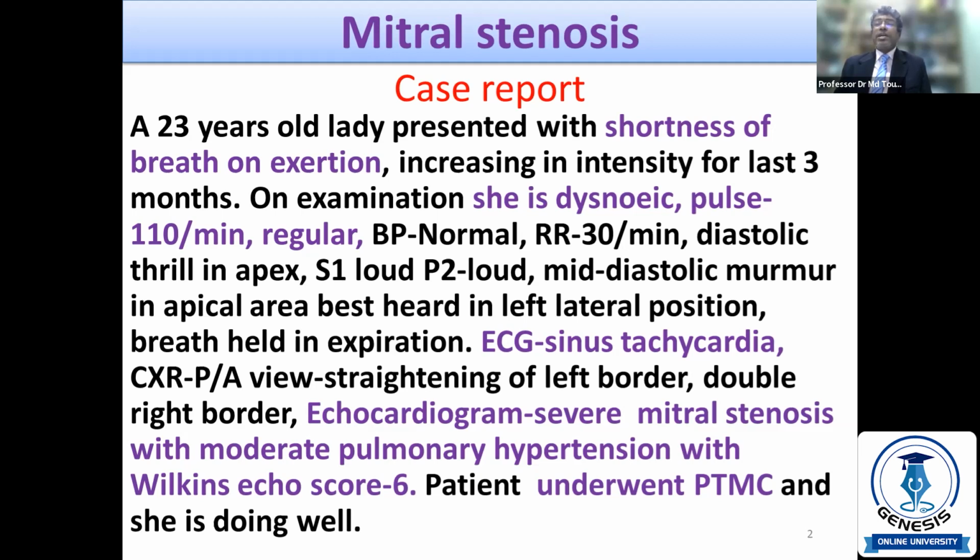So what we have discussed is a scenario of a case of mitral stenosis, that is, the presentation of a case of mitral stenosis. How does a patient with mitral stenosis usually present? There is usually shortness of breath on exertion, gradually increasing day by day and over the months.